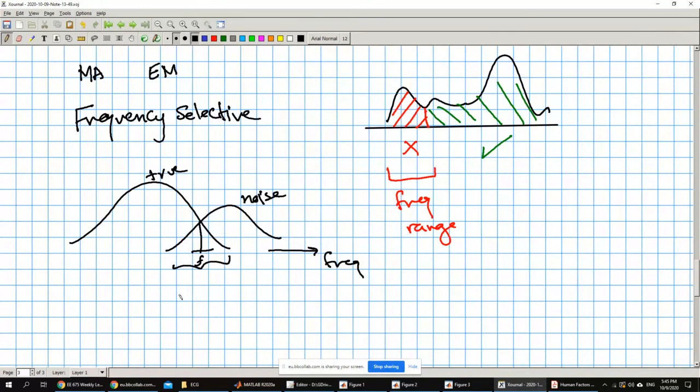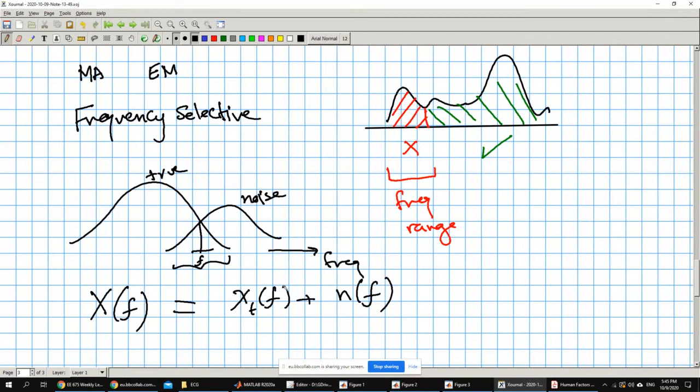If I take the spectrum of this signal, x of f is equal to x true of f plus noise of f, okay?